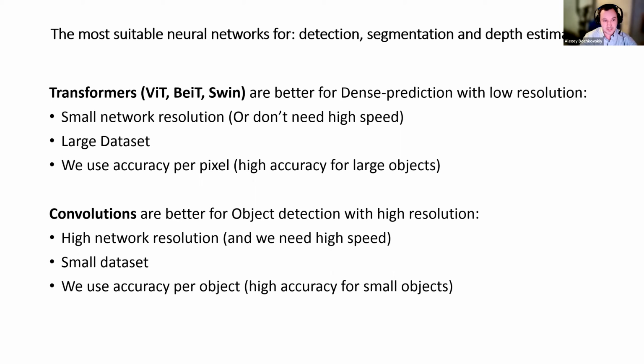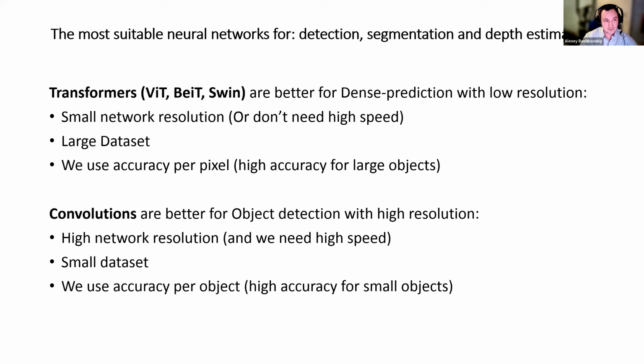Transformers are better for large datasets, or if you have many datasets, like for depth estimation, where we use the MiDaS training pipeline, in which we can combine many different datasets collected from lidars, radars, synthetic data, stereo films, and so on.